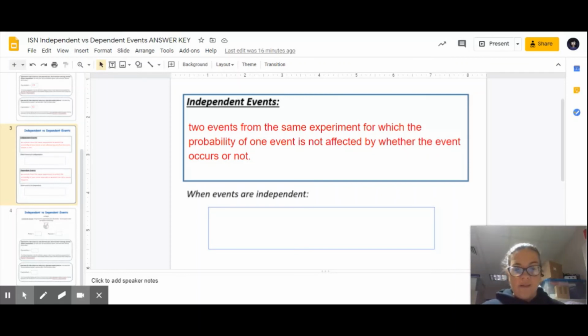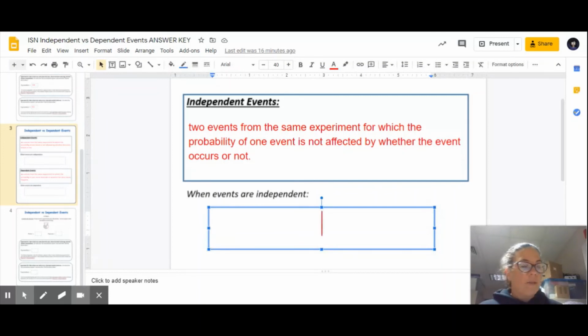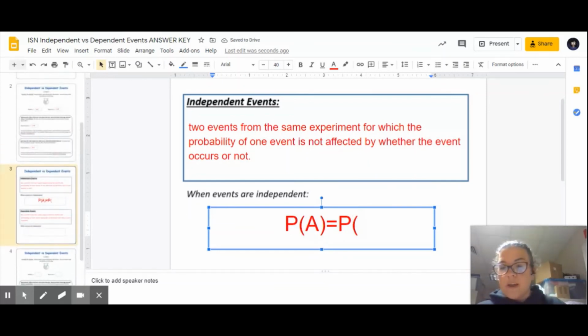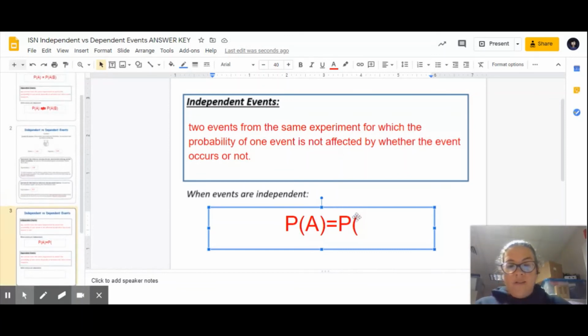So when that happens, there is a formula that we can use to check to see if events are independent. If I look for finding the probability of a certain event, so we'll say event A, if it's equal to the probability of event A given that event B occurred, then I know the events are independent.